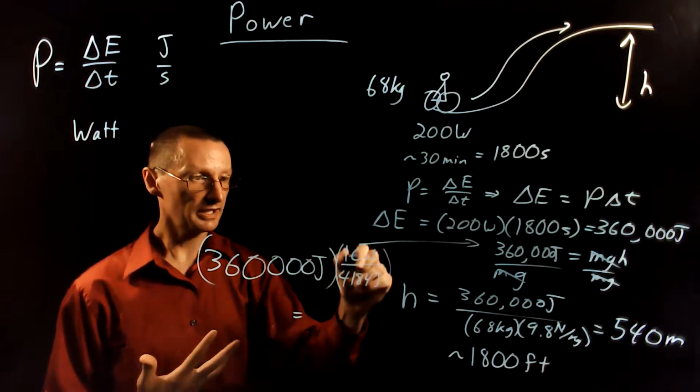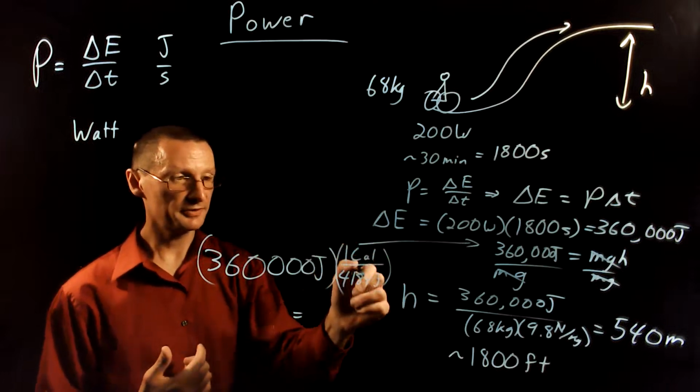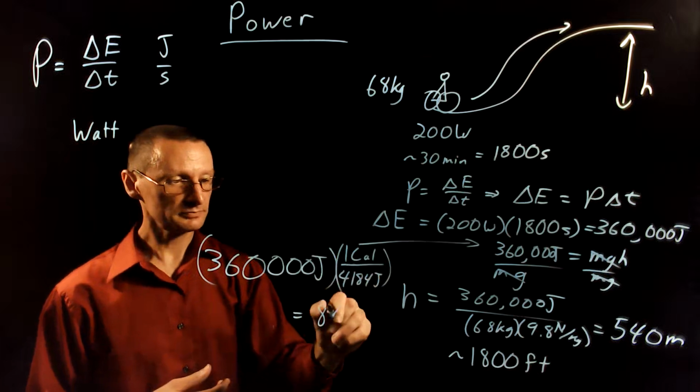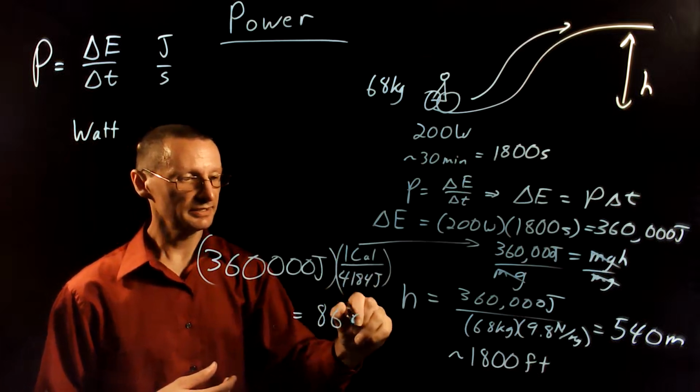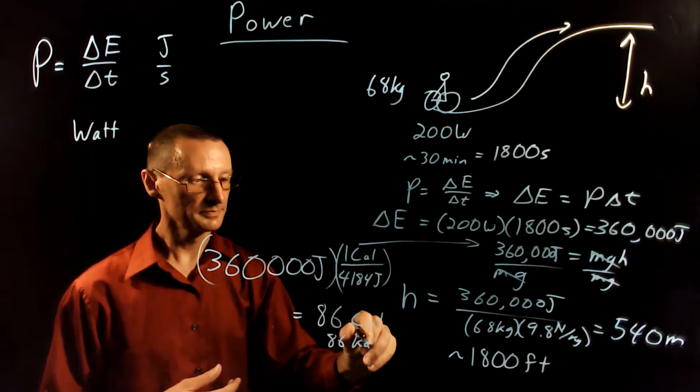I'm multiplying by 1 here because these amounts of energy are equal to each other. So when I compute that, I get about 86 food calories, or 86 kilocalories.